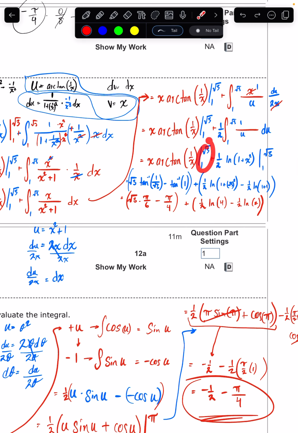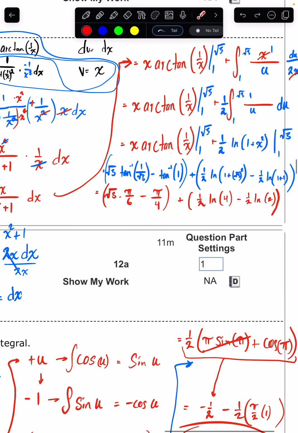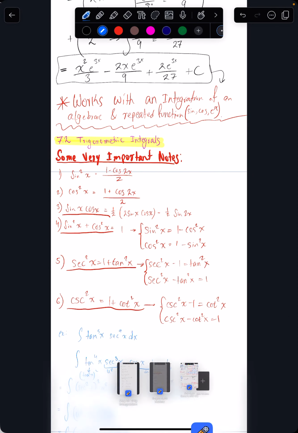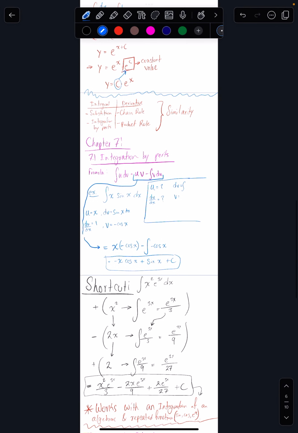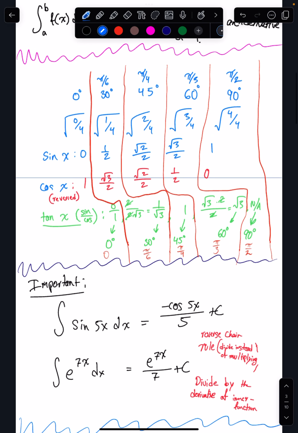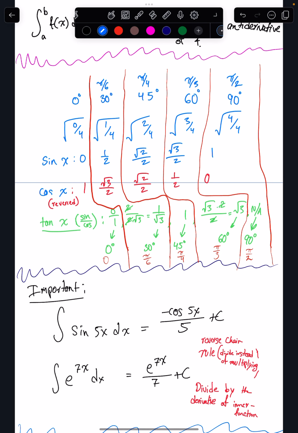Now it's just a matter of plugging in the values. First is square root of 3 times arctan of 1 over square root of 3. Well, this is what our professor taught us, just a quick little thing. Tangent of pi over 6 is 1 over square root of 3.